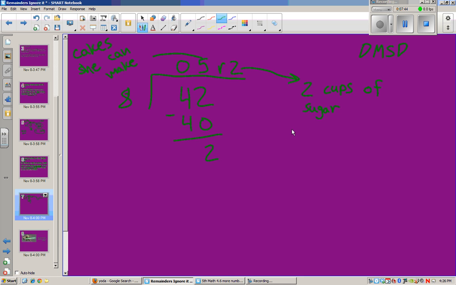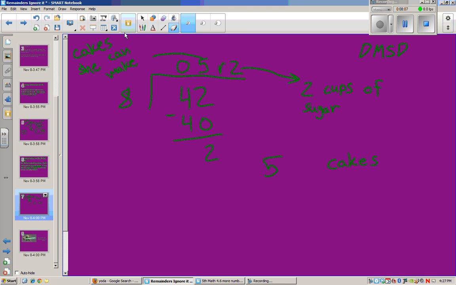Now, the question is, can I make another cake with 2 cups of sugar? No. And is my answer going to be 5 remainder 2 cakes? Can you have remainder 2 cakes? No, you can't. So remainder 2, we just want to get rid of because we can't have remainder 2 cakes.